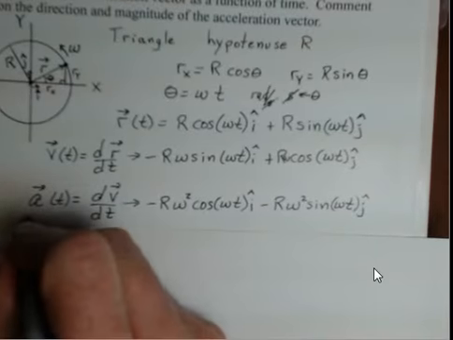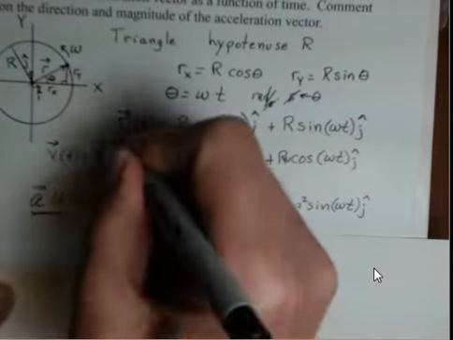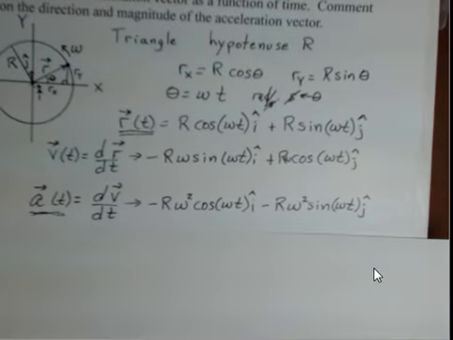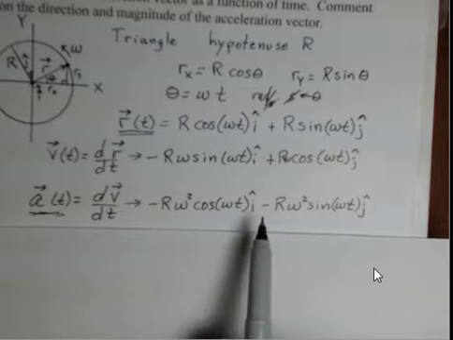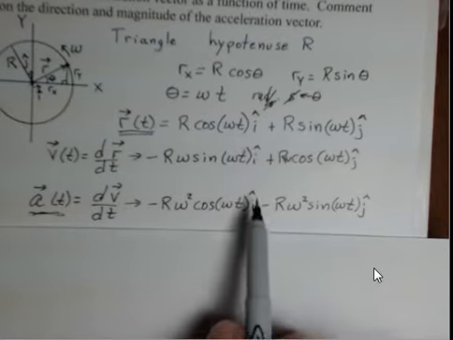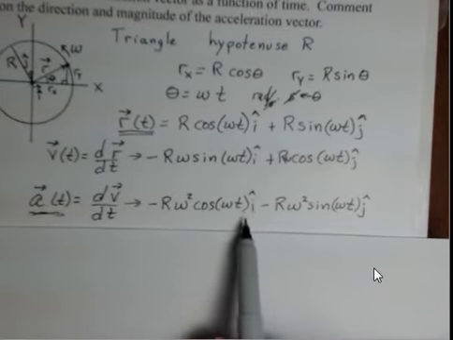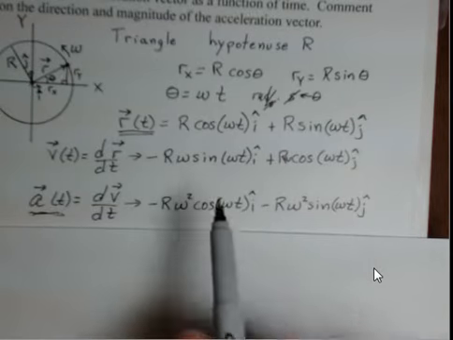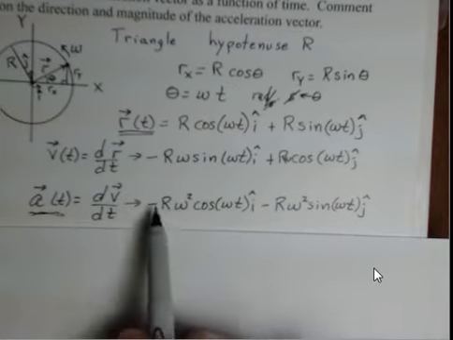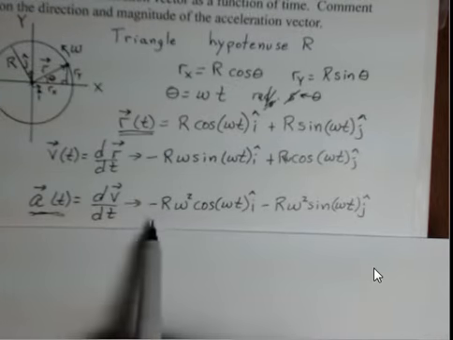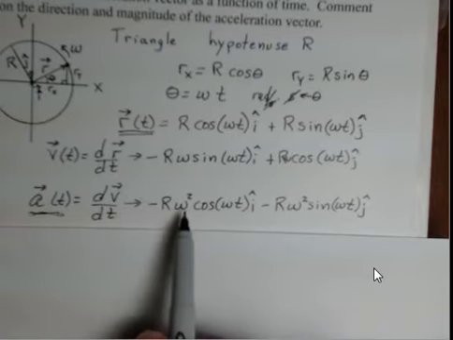I want you to take a look now at the acceleration vector and the radius vector. Do they have any similarities? If you look at the x component, the I hat term, I see a cosine omega t, I see an r, but I've got something extra, minus omega squared.